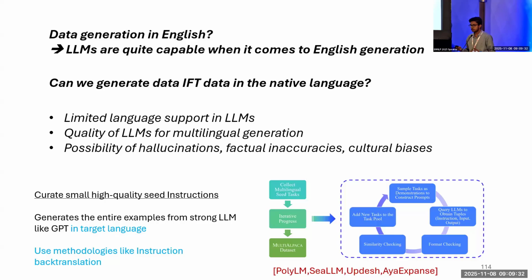There is a large possibility of hallucinations, factual inaccuracies, and cultural biases, but we may still want to take a small, high quality set of seed instructions and generate the entire examples from a strong LLM like GPT in the target language. Again, you could do filtering and use methodologies like instruction back translation, which is generally to train an LLM based on monolingual data that you have. You can back translate and get some instructions which you can use for culturally grounded instructions.